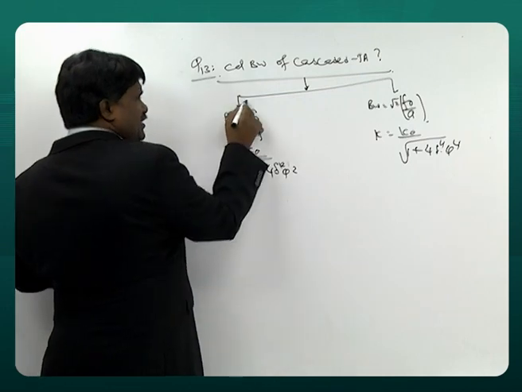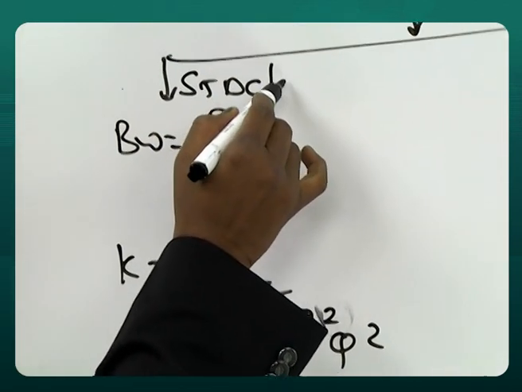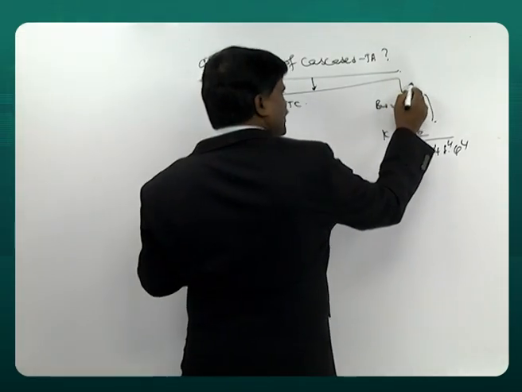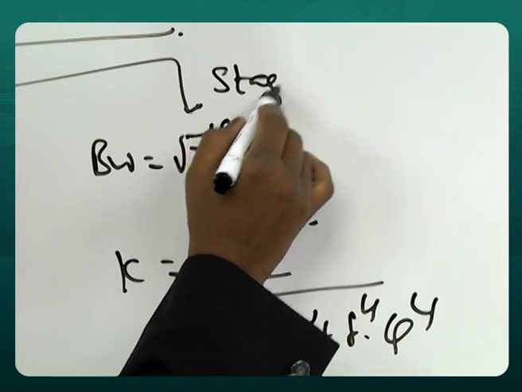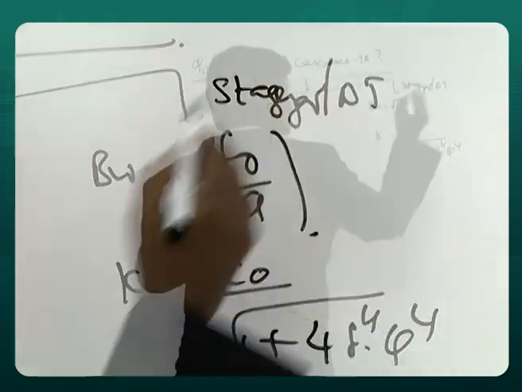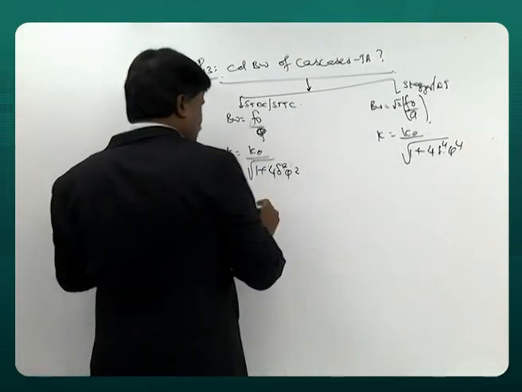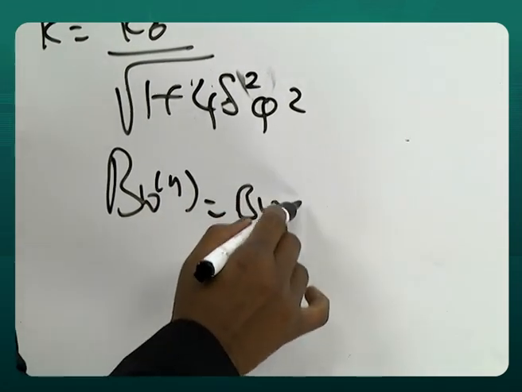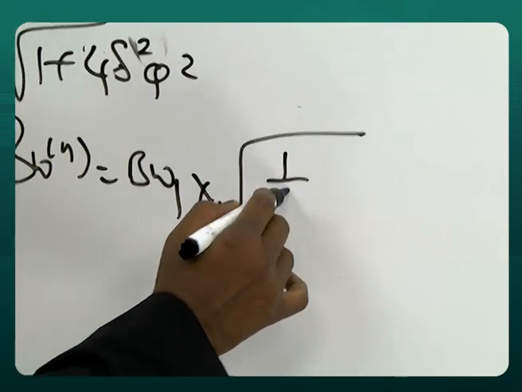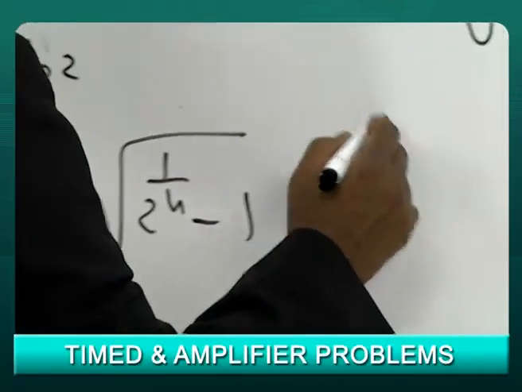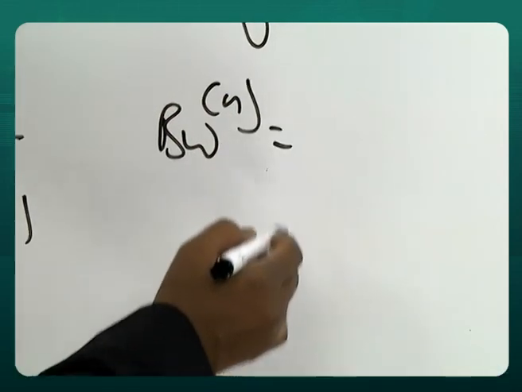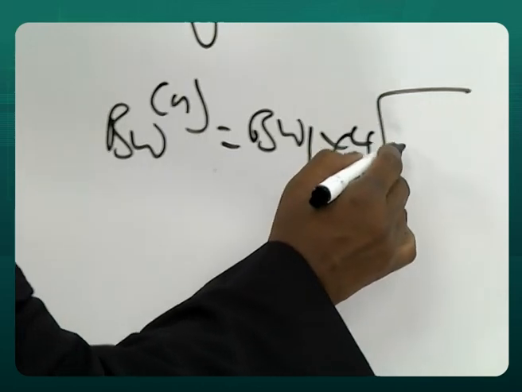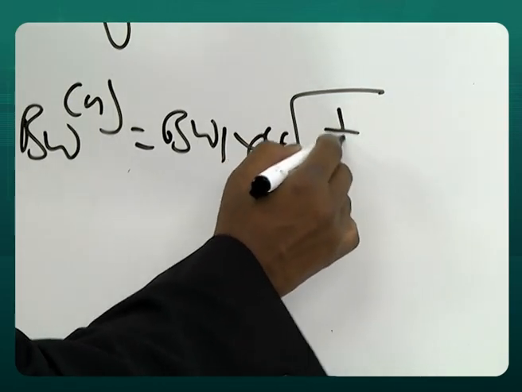In fact, this is single tune direct couple, single tune transformer couple, whereas this is stagger or double tune. Therefore, bandwidth of n stages is equal to bandwidth of first stage times root of 2 power 1 by n minus 1, and for this, fourth root of 2 power 1 by n minus 1.